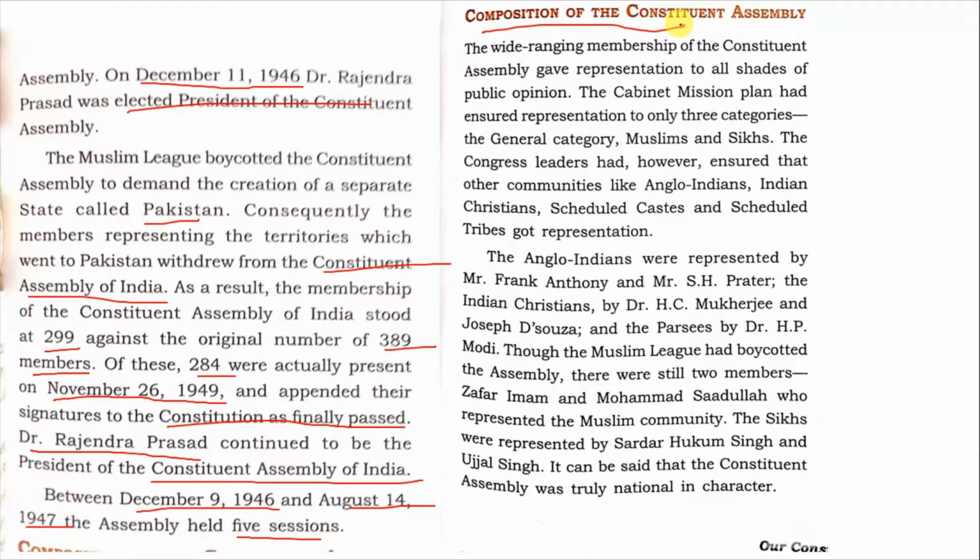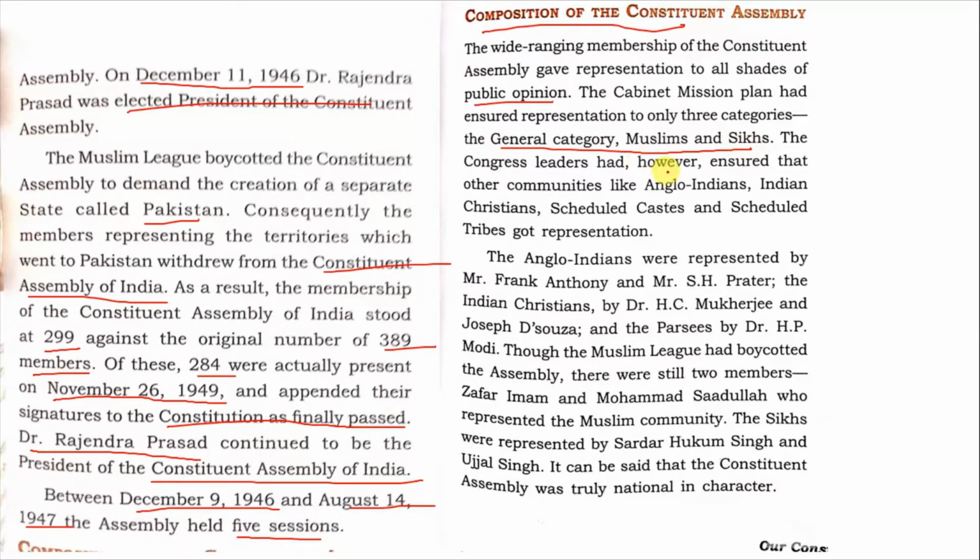The wide-ranging membership of the Constituent Assembly gave representation to all shades of public opinion. The Cabinet Mission Plan had ensured representation to only 3 categories, that is the general category, Muslims and Sikhs.